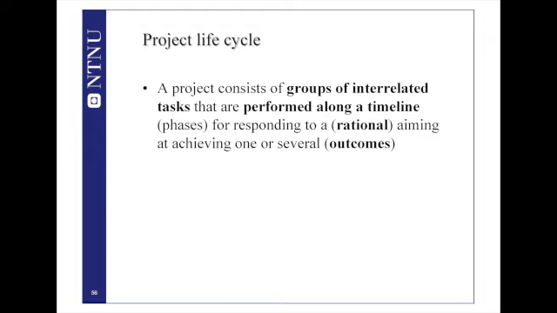We call these groups along a timeline phases in response to a rationale. You have a problem you want to respond to, and you are expecting that the project will achieve one or several outcomes. So a project life cycle is a way to organize our work, making sure we follow a standard process.